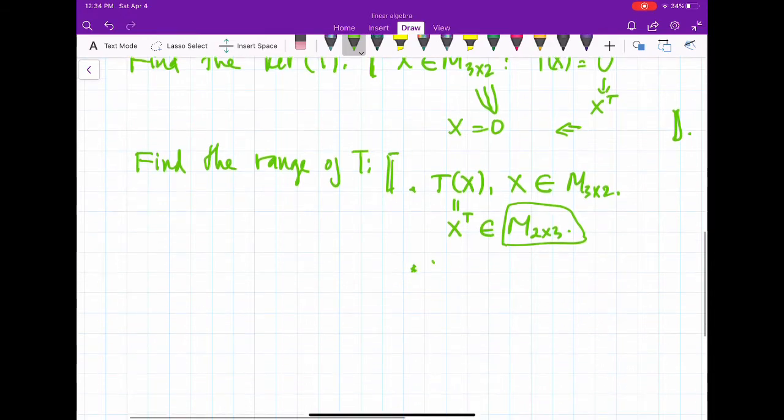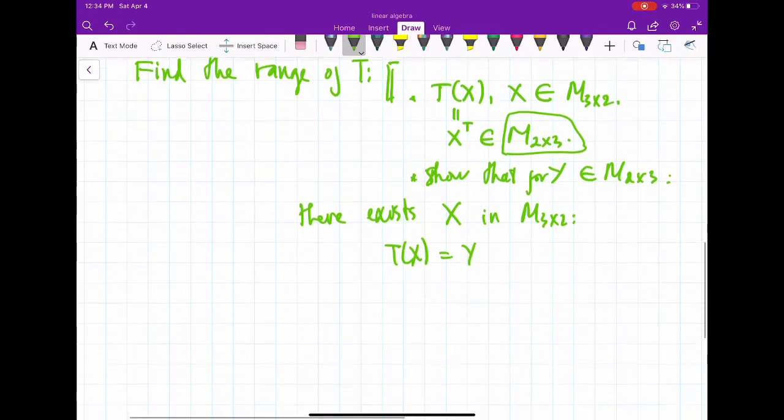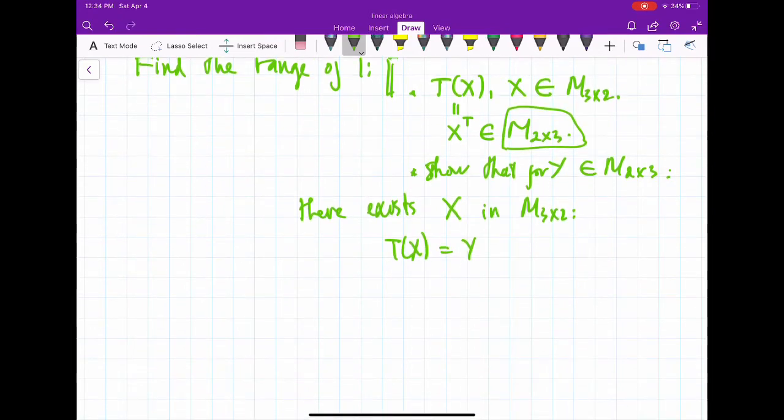You need to show that for all matrices Y in M2 by 3, there exists X in M3 by 2 such that T(X) equal to Y. But that's trivial. Why?